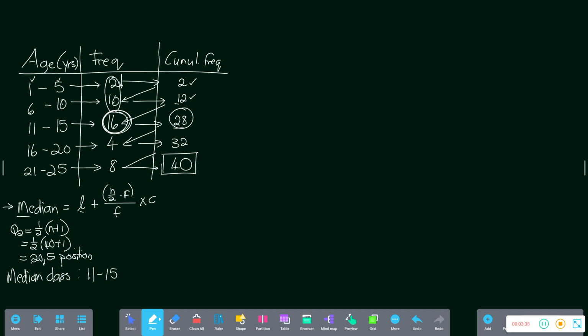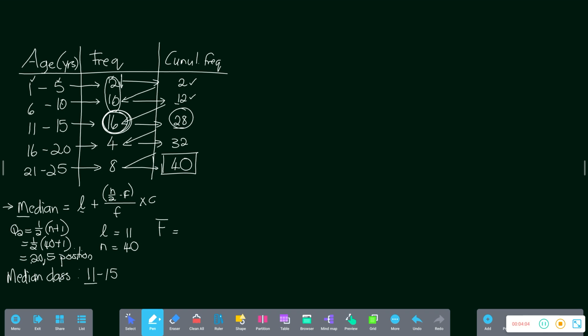Once I have that, I'm able to calculate the median. Remember, L stands for the lower class limit of that median class, which is 11. The N in the formula represents the total number of observations, which is 40. Then the capital F is all the frequencies before your median class.